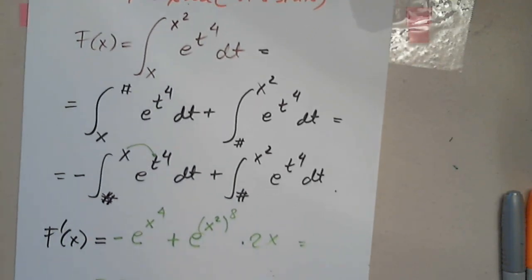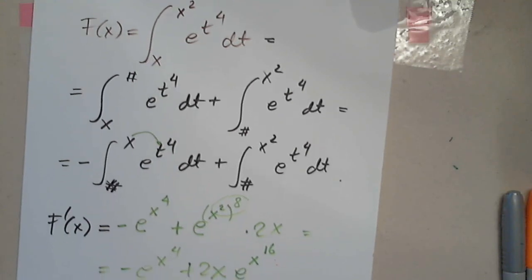Very good. So this is negative e to the x to the 4th plus 2x e to the x to the 16th. Copy the base, multiply the exponents.